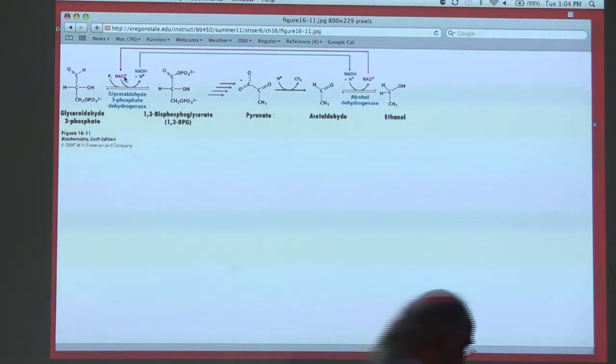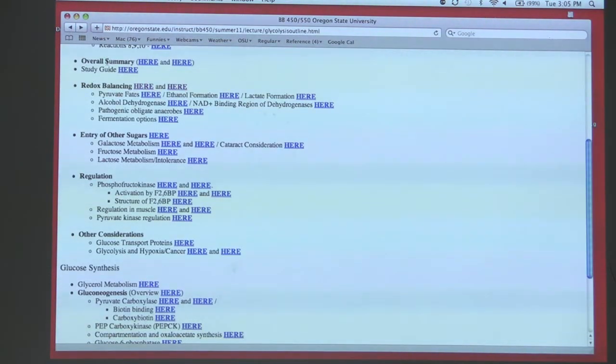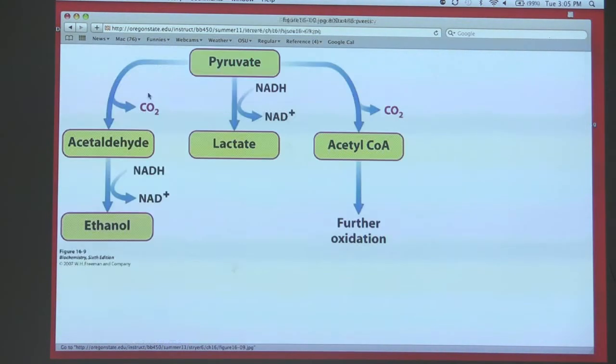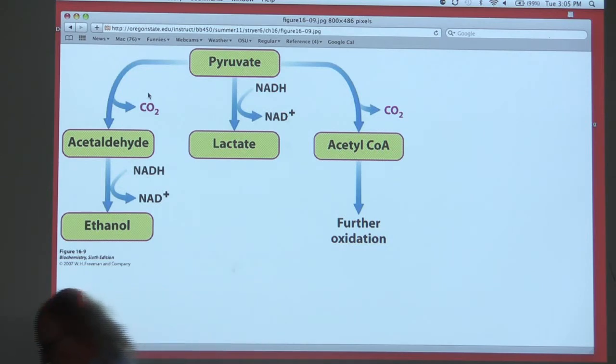Now, as I said, what you see on the screen is the reaction that occurs in yeast and bacteria. I'll show you another schematic about this in just a second. And that schematic is right here. So if we look at the things that can happen to pyruvate inside of cells, we see that pyruvate really can go to three different things. That depends upon the conditions.